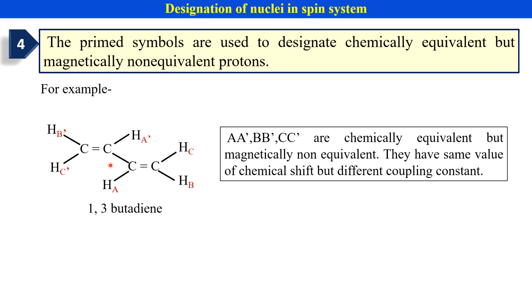As there is a symmetry in the molecule, A and A dash are chemically equivalent but magnetically non-equivalent because coupling of HA with HB and HA dash with HB is not the same. Similarly, protons B and B dash, C and C dash are chemically equivalent but magnetically non-equivalent. They have the same value of chemical shift but a different coupling constant. And for such types of protons, primed symbols are used.